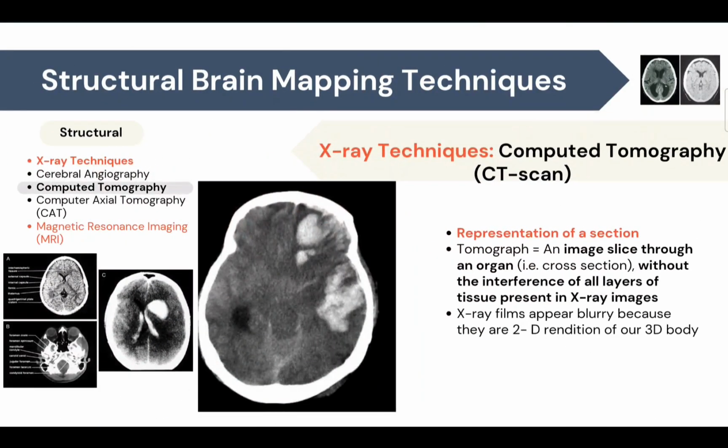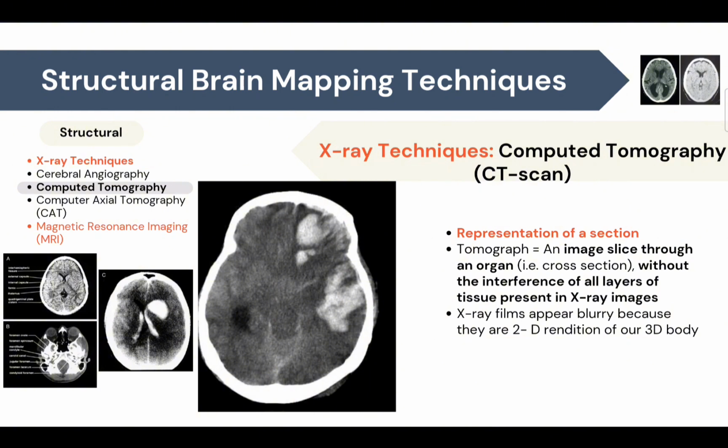And for the second one, we have computed tomography, or CT scan. Computed tomography means it is a representation of a section. Tomograph itself means an image sliced through an organ without the interference of all the layers of tissue present in X-ray images.